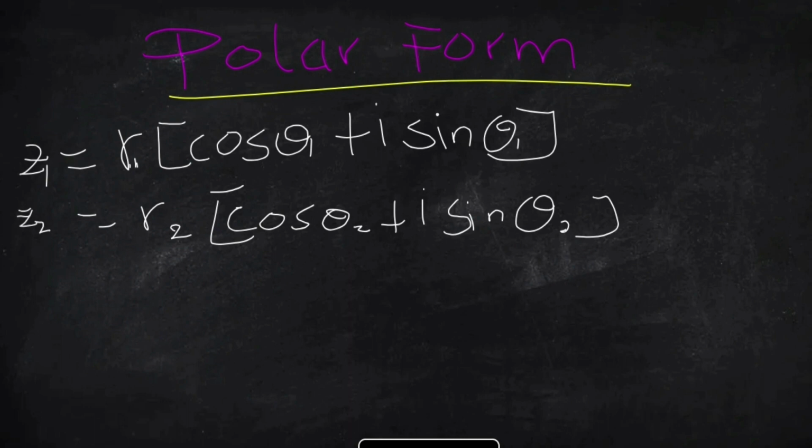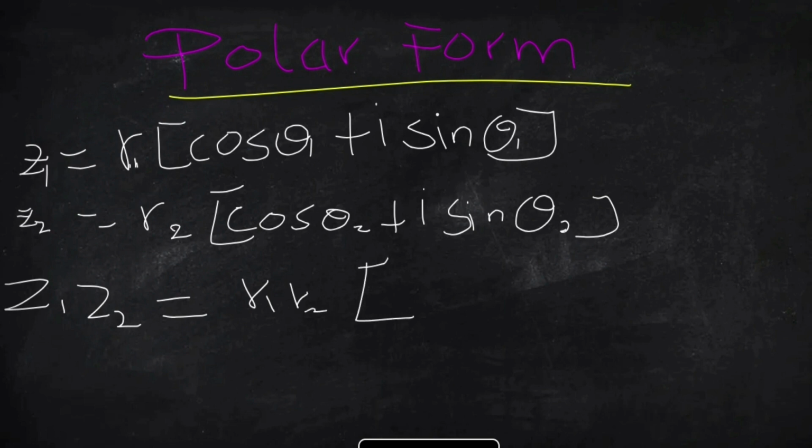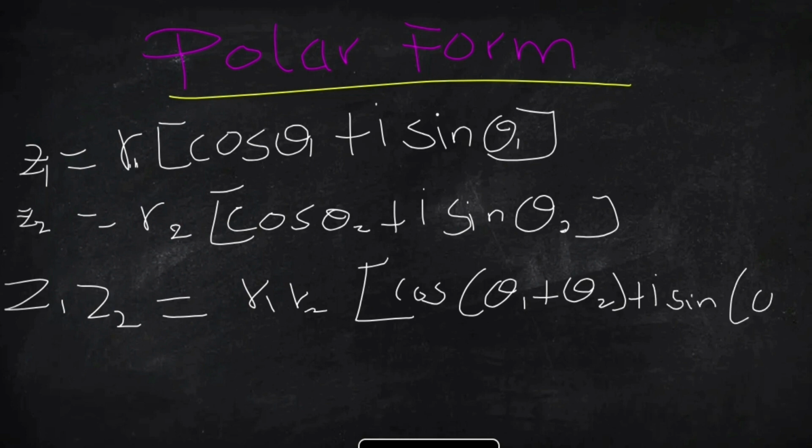To find the product of z1 and z2 in polar coordinates, we simply multiply the radius, which is r1 times r2, then cos of the sum of the angles, so cos into bracket theta 1 plus theta 2, plus i sine into bracket theta 1 plus theta 2.